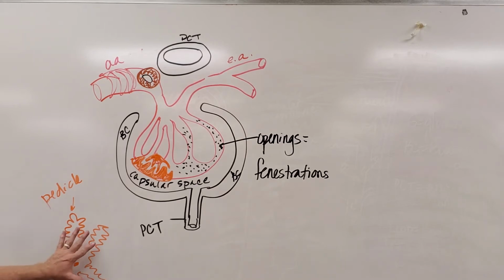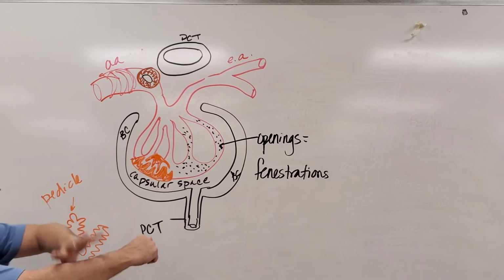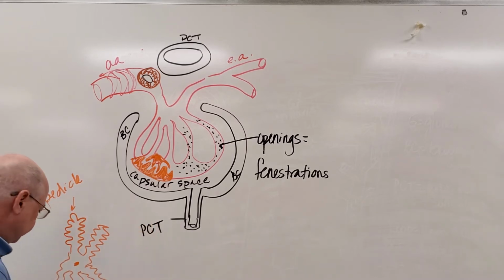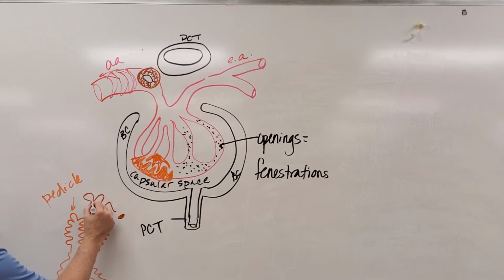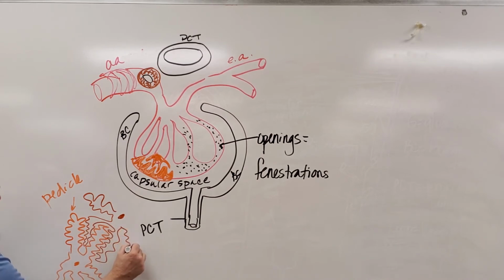Now, this cell can wrap around a capillary. And if I take a second one, I'm going to use a slightly different color. But if I had another one of these cells, here's the nucleus, and here's the branches. They can interlock their little fingers around a capillary.